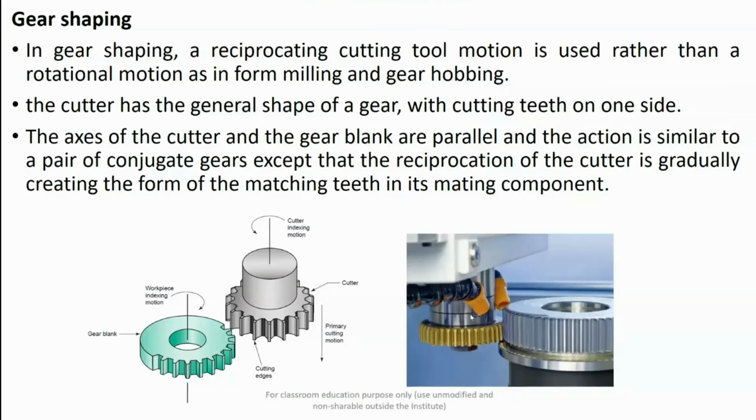This cutter is given an up and down reciprocating motion, and your job is given the indexing, and this cutter is also given the indexing. So basically both the cutter and your blank are given the indexing, and gradually the material is removed from the surface and the teeth are formed onto the gear blank.